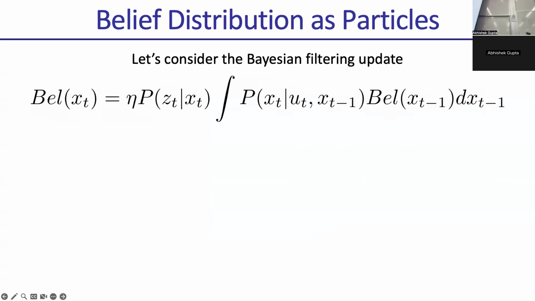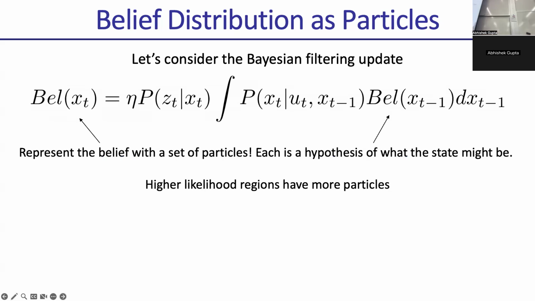And so if we look back at our Bayesian filter, you go from belief to belief bar, and then belief bar to the belief at the next time step. In both of these updates, you're just going to represent our belief by a set of particles. In our toy examples, we have represented them by tables.